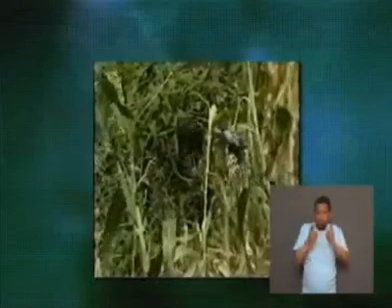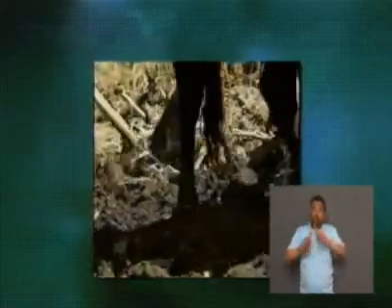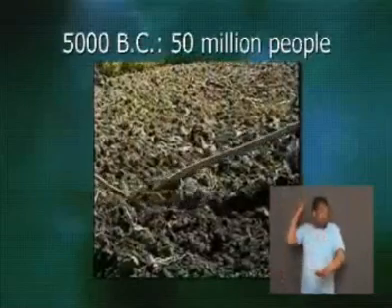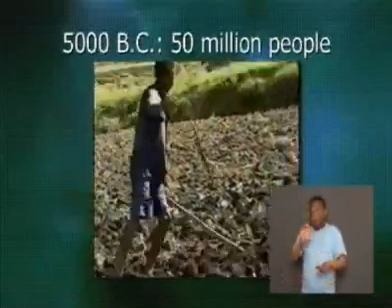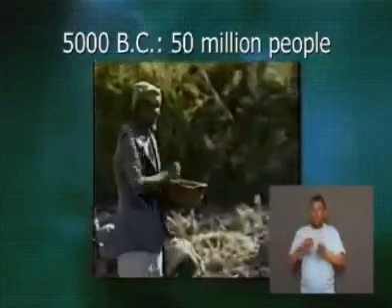Then, about 10,000 years ago, humans began to domesticate animals and grow crops. This led to a surplus of food, which allowed the population to gradually expand. By 5000 BC, the human population of the world is thought to have been about 50 million.